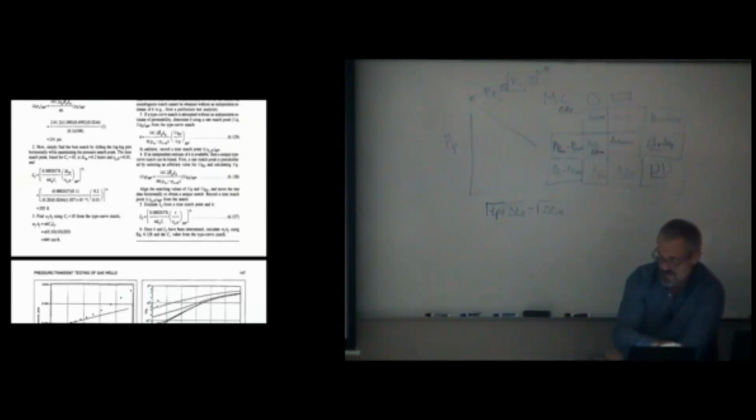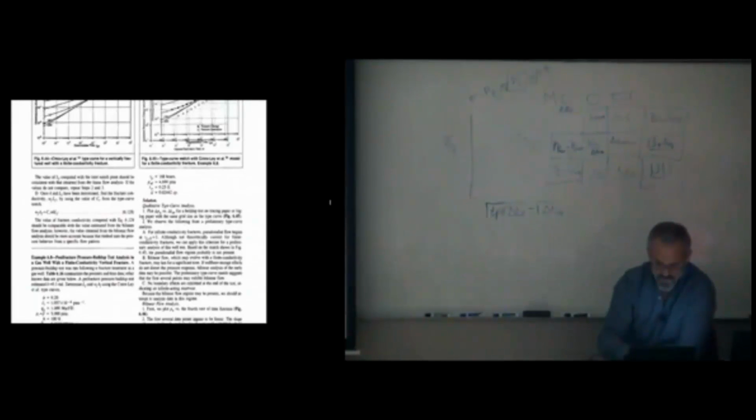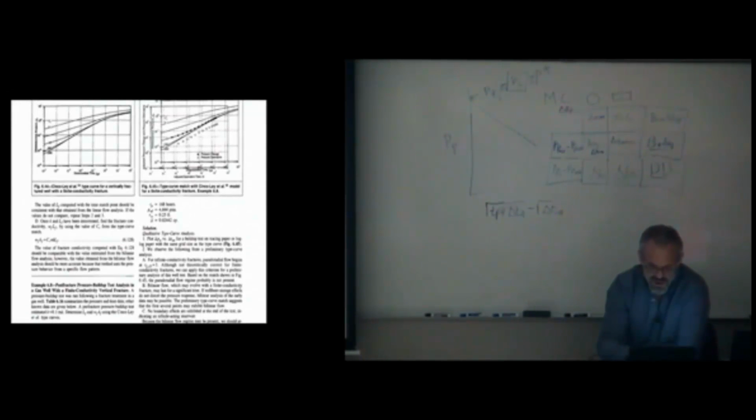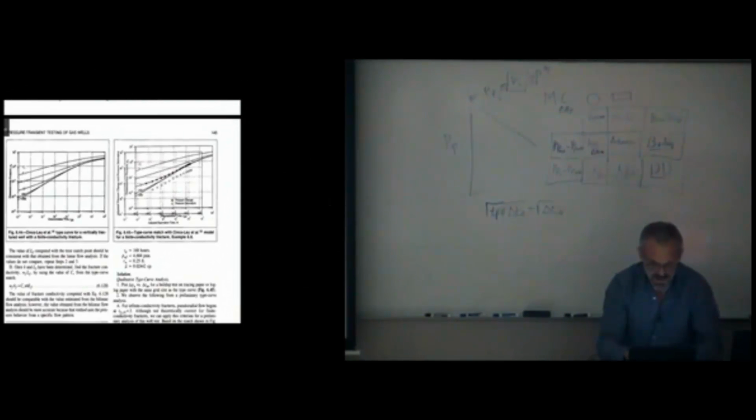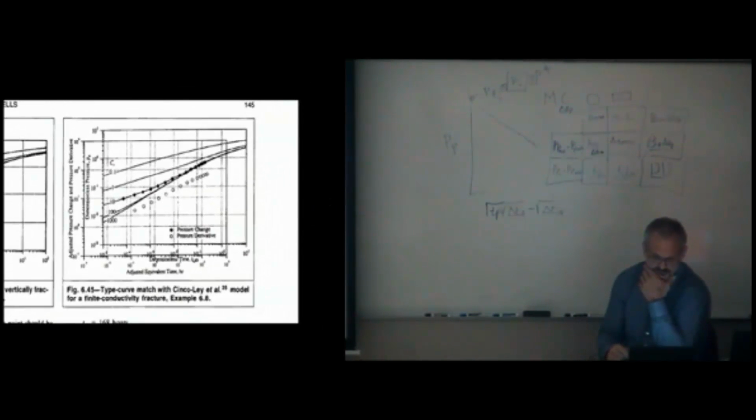Are you with me? Is the graph on page 145 what they're using? Yeah, okay. Here's their type curve match of 6.8. Oh, you know what? They don't have any data that differentiates from the type curve match, which means that they only have one flow regime.